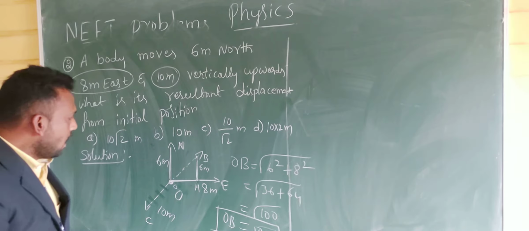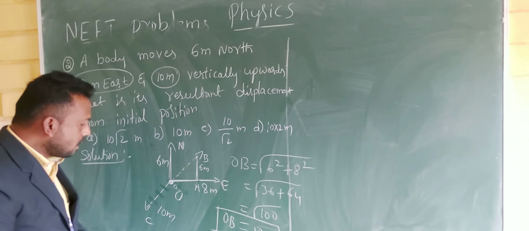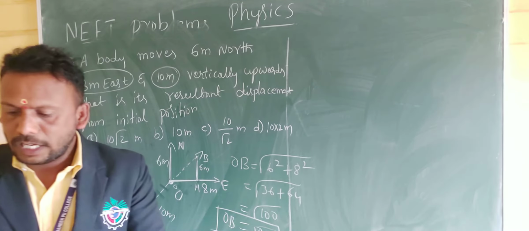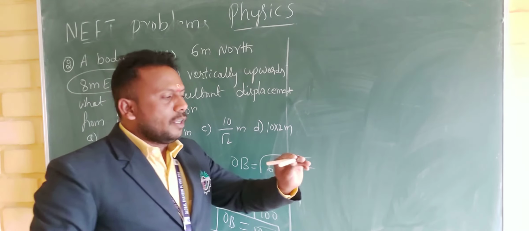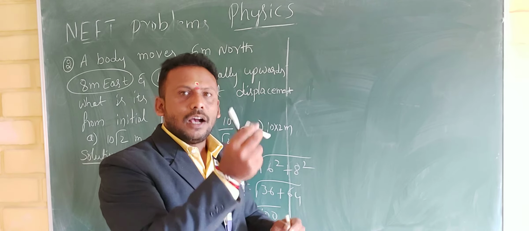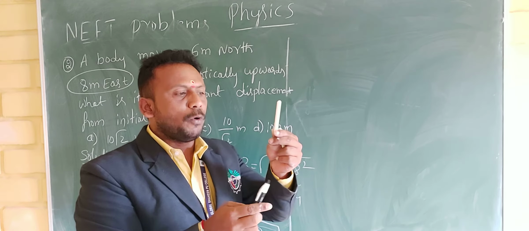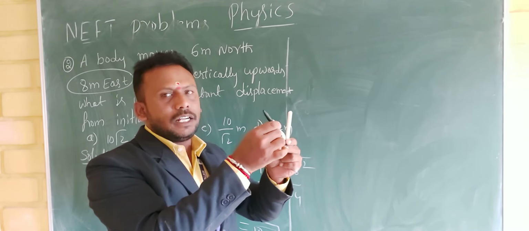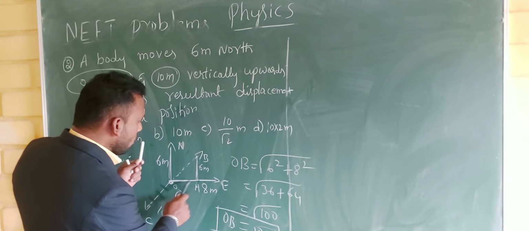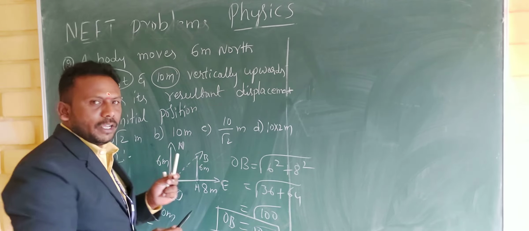And what is the resultant displacement between the vertically upward direction and the resultant of east and north direction? This is the z-axis, that is the vertically upward direction, and this is the resultant of OA and AB.